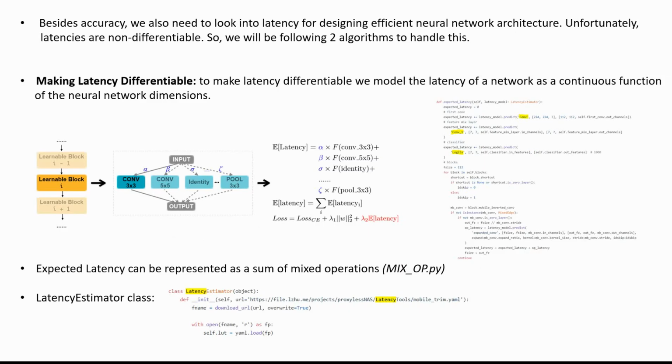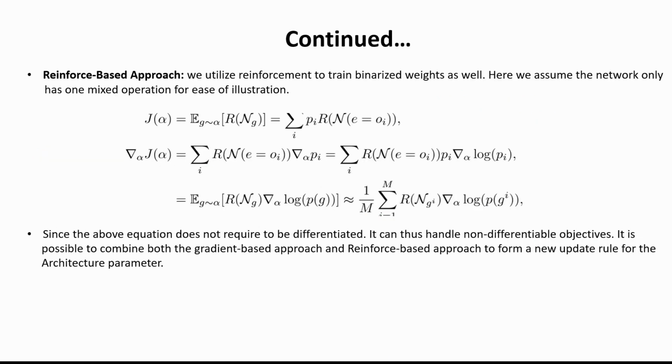Latency is not something you can differentiate. Unlike accuracy, which is a differentiable function we can take gradients of, latency is not a differentiable function. So for this, we introduce two algorithms: one that makes latency differentiable, as well as something called a reinforcement-based approach.